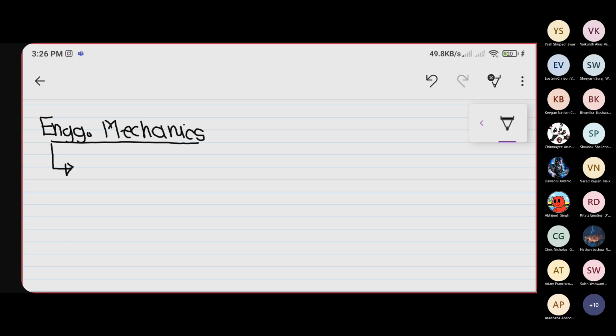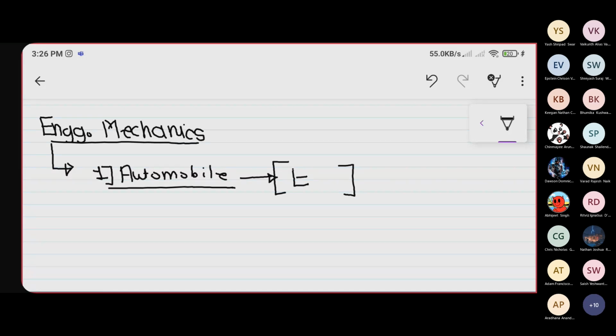So let's start with the industry based applications. First one will be automobile or automotive. I have put this first because as an electronics and computer engineer, you know what the trend in automobiles is. The trend is EV.